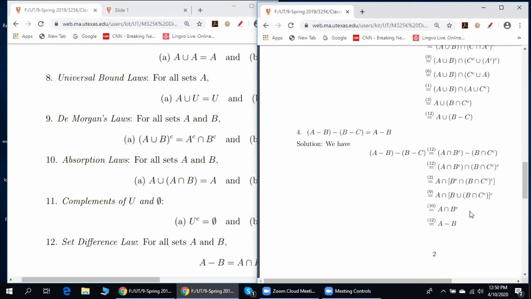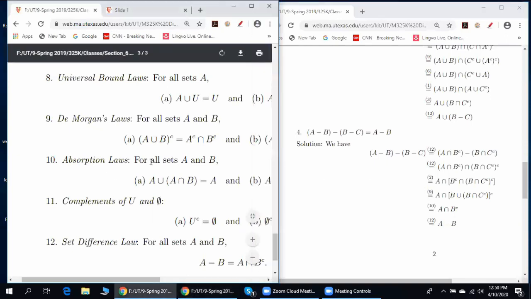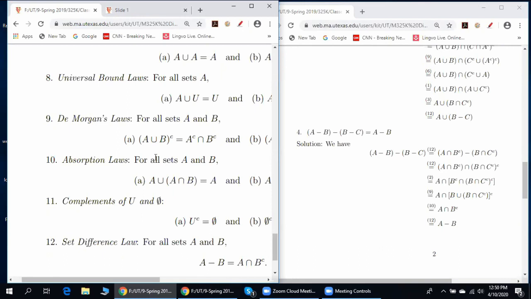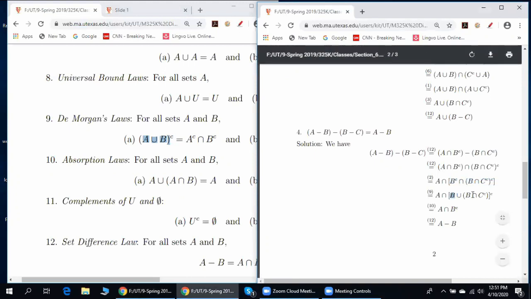So if you were not to go backwards, instead go from the third line to the fourth line, are you just taking a complement, like a double complement and canceling it out or something? Well, look, we can use De Morgan's law reading from the left to the right, or reading from the right to the left. So we are fine going from here to here.